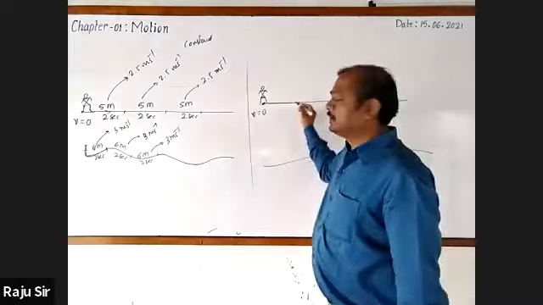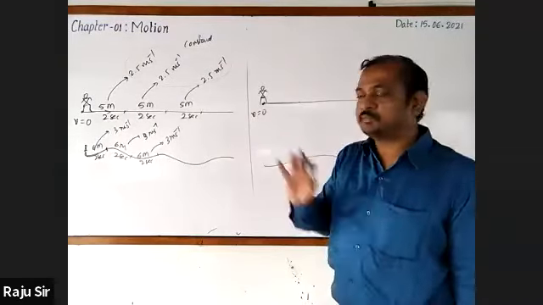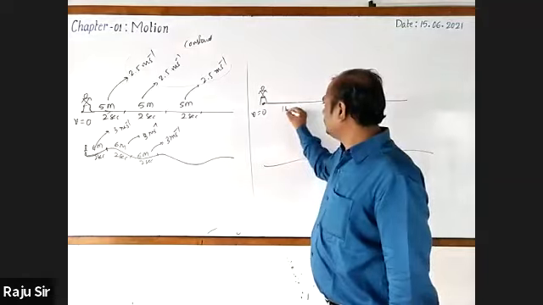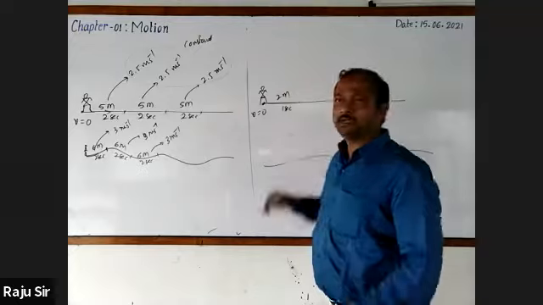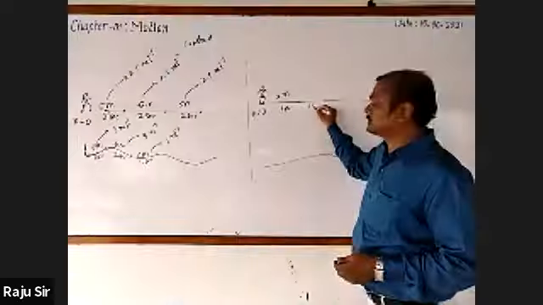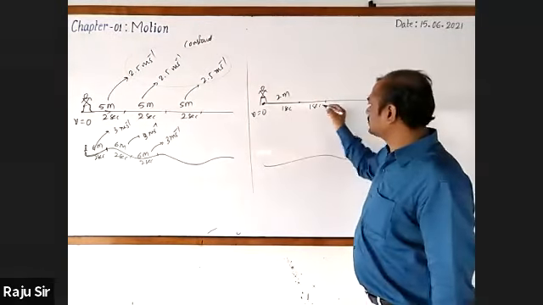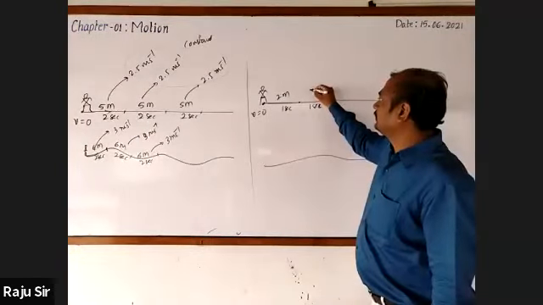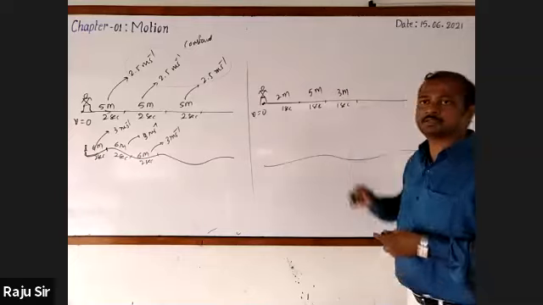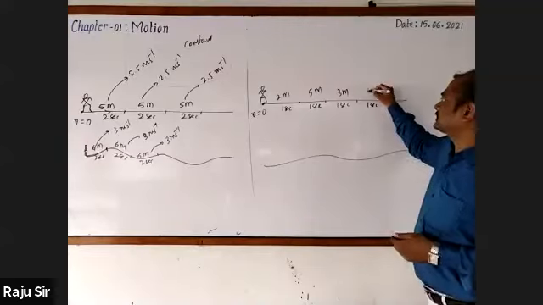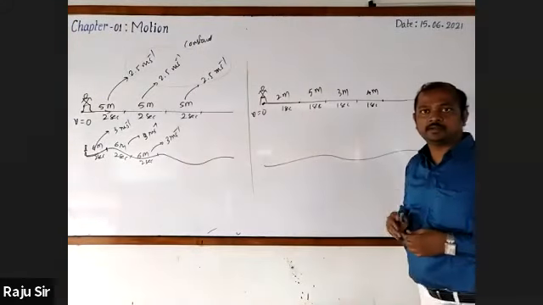To make the calculation simple, in the first 1 second, he covers a distance of 2 meters. In the next 1 second, he covers a distance of 5 meters. Next 1 second, he covers a distance of just 3 meters. Next second, he covers a distance of 4 meters, like this.